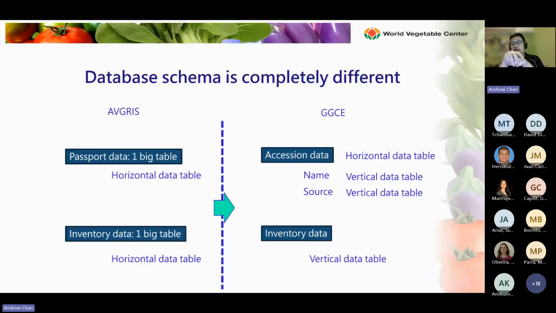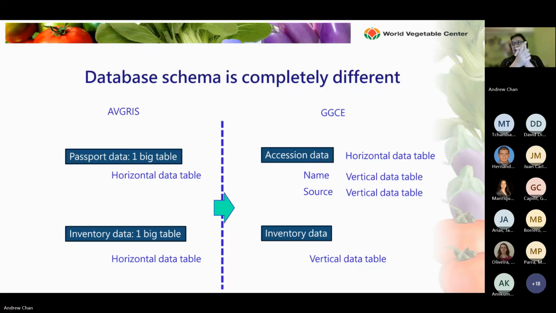But in GGCE, there are so many tables that are well standardized. For example, the name of the accession. We have our own accession number. We have the donor's number. We have the collecting number. We have maybe the breeder's identifier. We even have a column called PI number, which is the USDA donor's number.